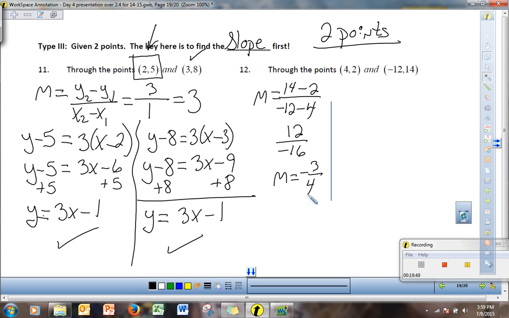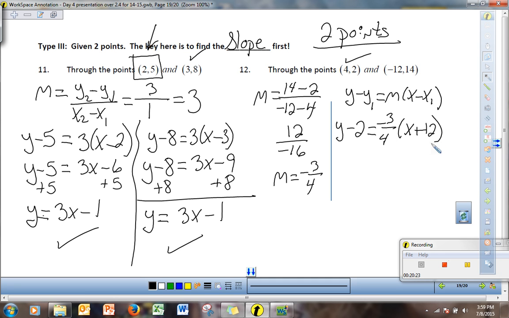Now, pick whichever point that you think looks easiest. So I'm going to pick that one. So here goes. I'm still using y minus y sub 1 equal m times x minus x sub 1, y minus 2 equal my slope, which is negative 3/4, x minus negative 12, so let's just change that to a positive 12.